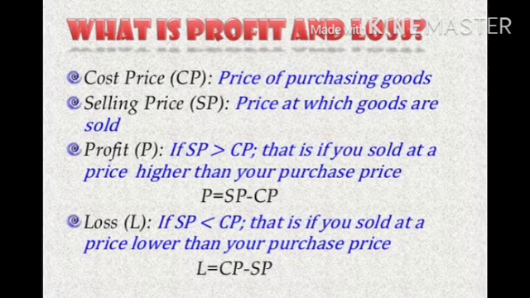It means P is equal to SP minus CP. Loss stands for L: if SP is less than CP, that is, if you sold at a price lower than your purchase price, then it is a loss. Therefore, loss is equal to CP minus SP.